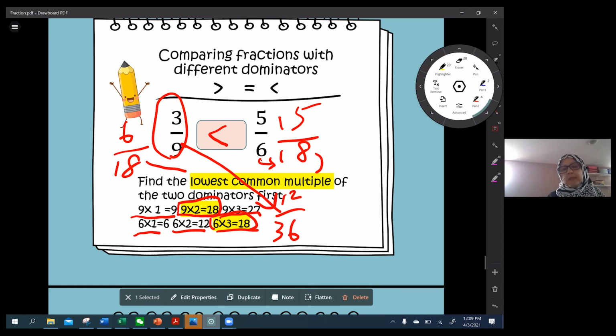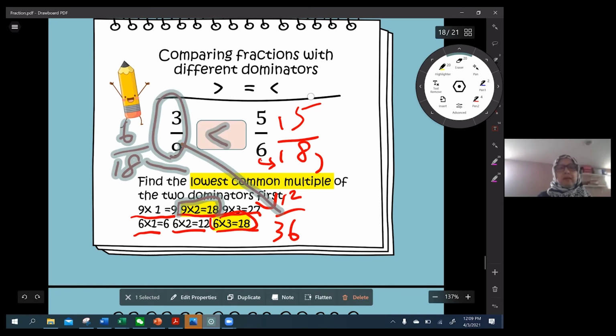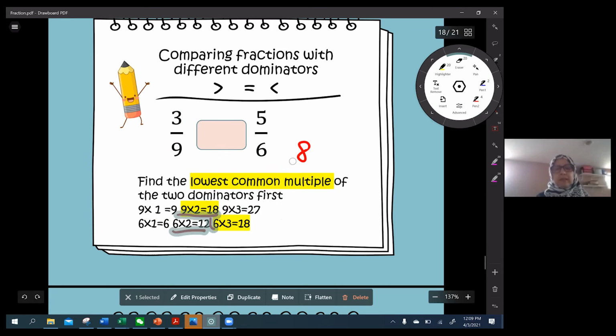Okay, so now let's see. Can I do 9 times 6? If I can multiply the denominators with each other, can I do that? I'm going to erase all this to make the screen clear. So I can do 9 times 6. And I can do 3 times 6 here, right?